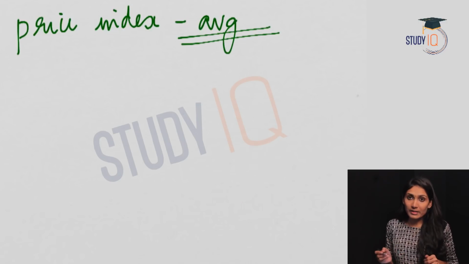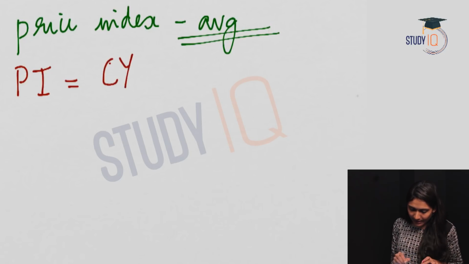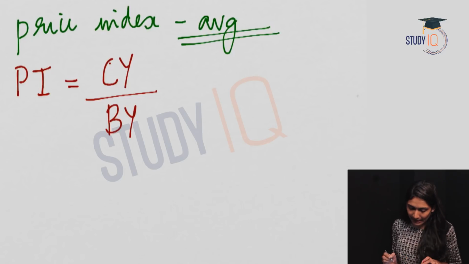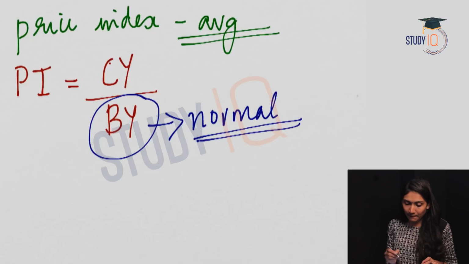So what is a price index? Price index means the average of certain items. So it is an average. How is the price index calculated? Price index is calculated by dividing the current year price by the base year price. And what is a base year? Base year means a normal year without much fluctuation in the price.